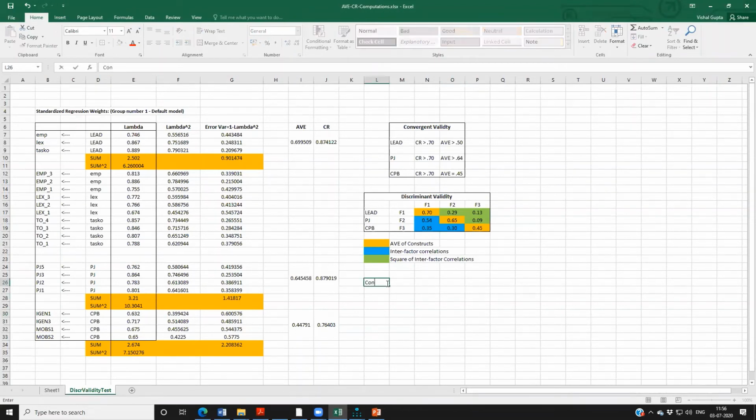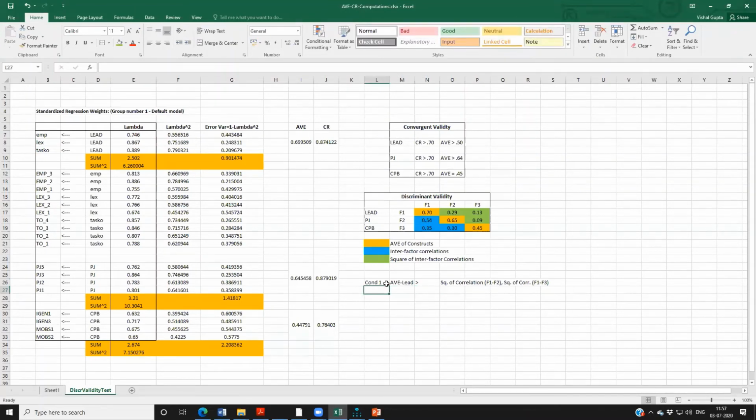So what is condition 1 for discriminant validity? AVE of lead should be greater than the square of correlation F1, F2, and the square of correlation F1, F3.